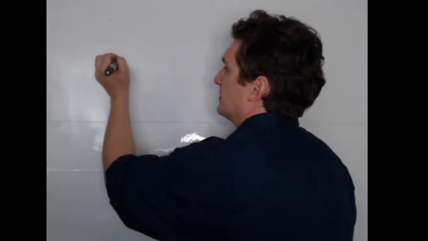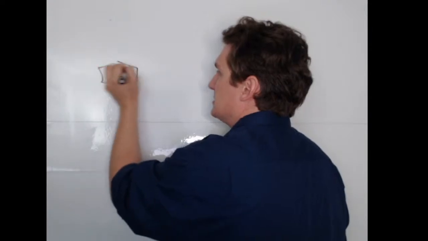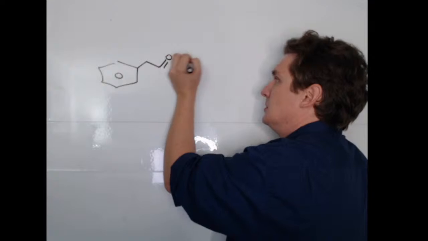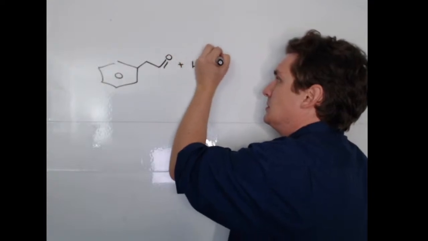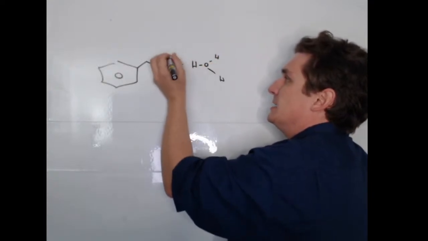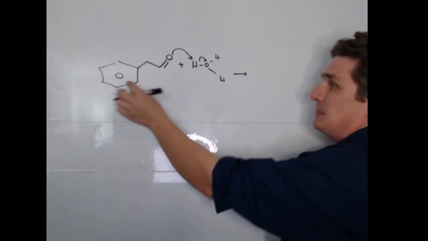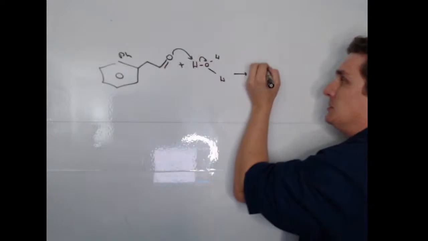So the mechanism for this is under acid catalyzed conditions. First attack is by the oxygen onto the hydrogen to extract the hydrogen. I'm just going to write this as a PH group. I really don't want to write it out every time.